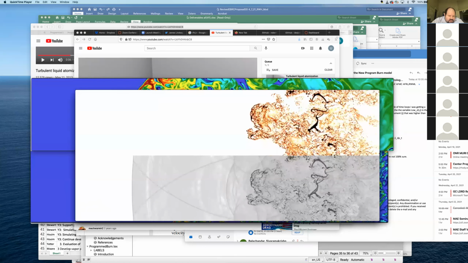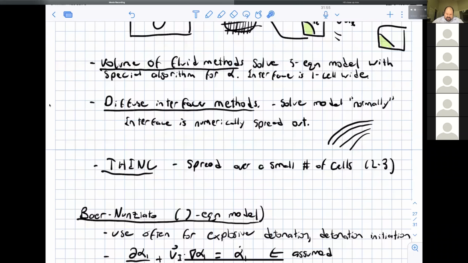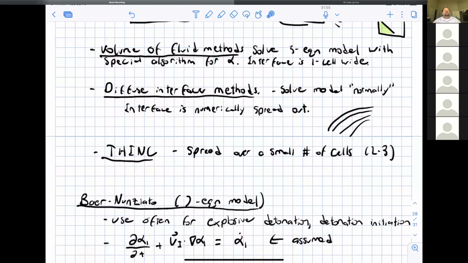Okay, so back to the thing. Those are the 5 equation models. They can be extended to all sorts of things, and as I said earlier, we are working on extending them towards a reacting flow with phase change. In principle, like volume of fluid, you could add combustion and phase change to that.